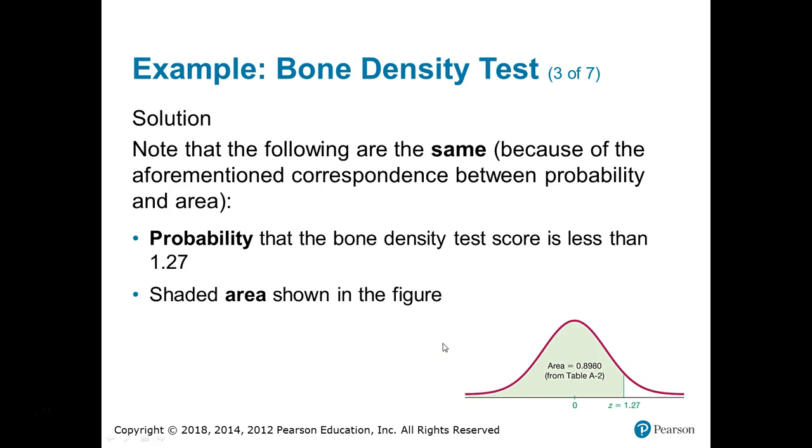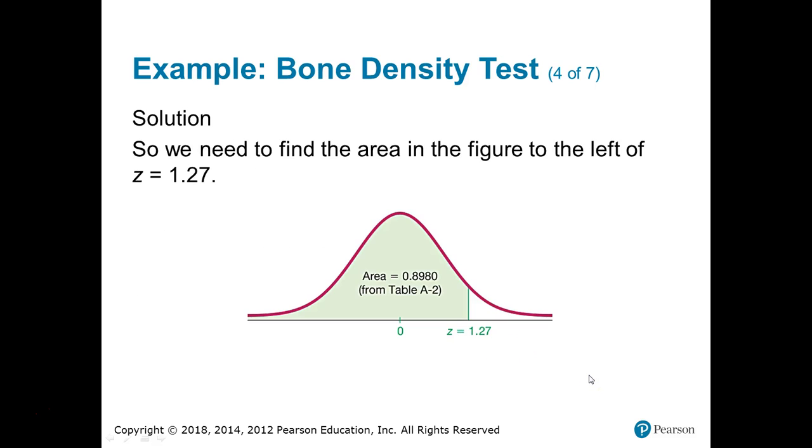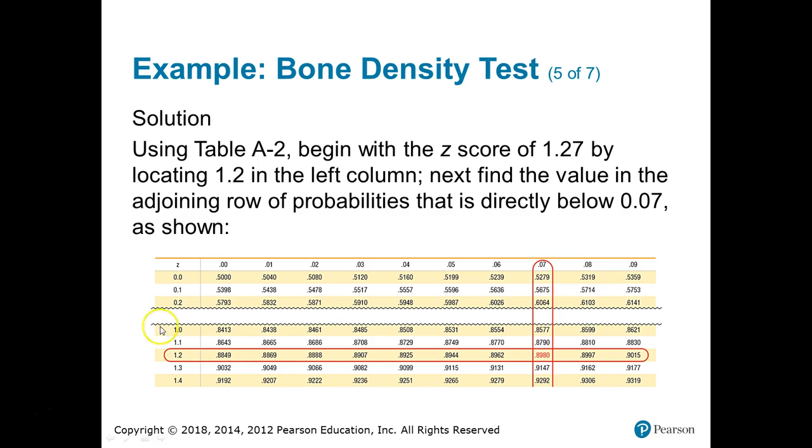So we have to look at your table right here. If you look at table A2 with 1.2 on the left and 0.07 on the right and look at where they connect, you will get your probability of 0.8980.